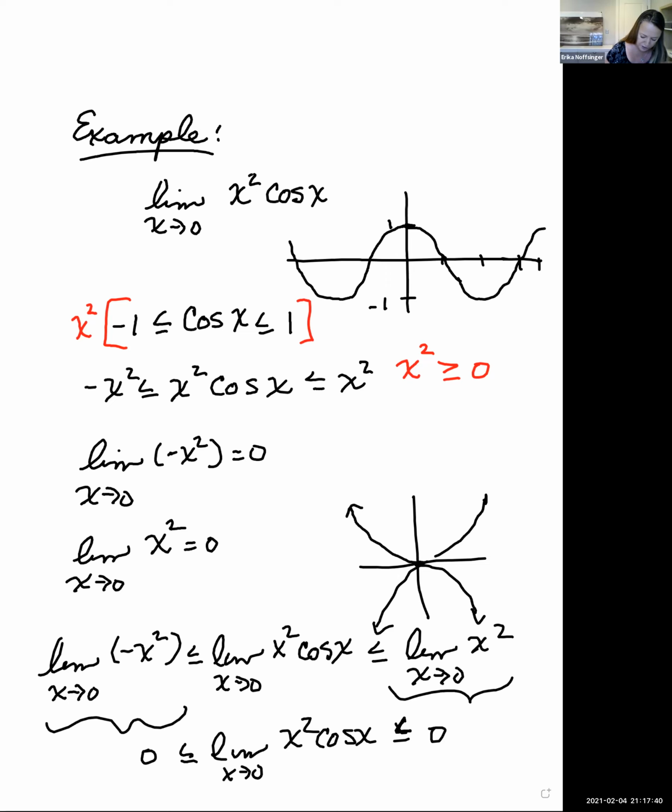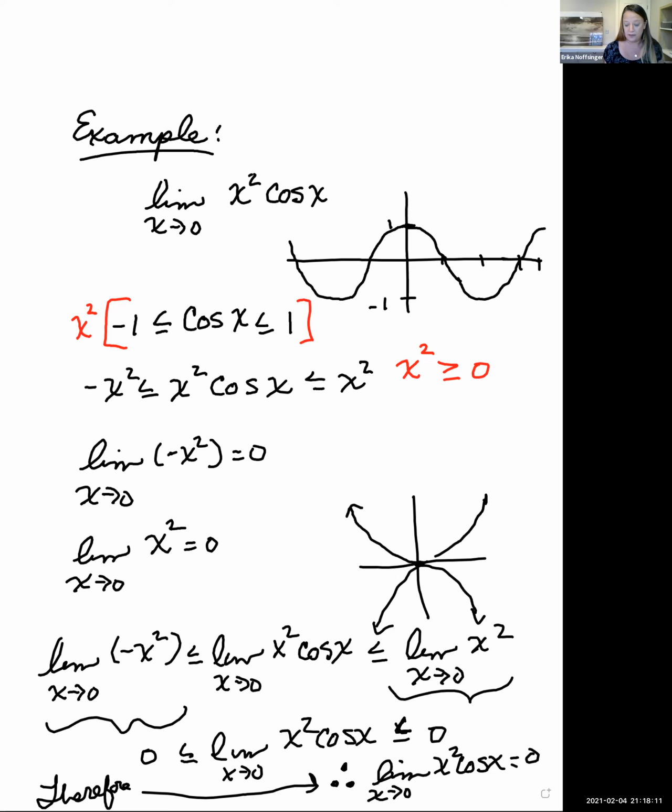So depending on your instructor, and I know my husband uses a lot of mathematical notation, these 3 dots that form a triangle mean therefore in mathematics. So therefore, we can say that the limit as x approaches 0 of our function x squared cosine of x is also 0, by the sandwich theorem.